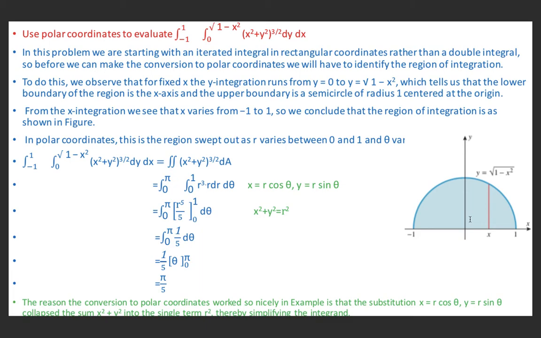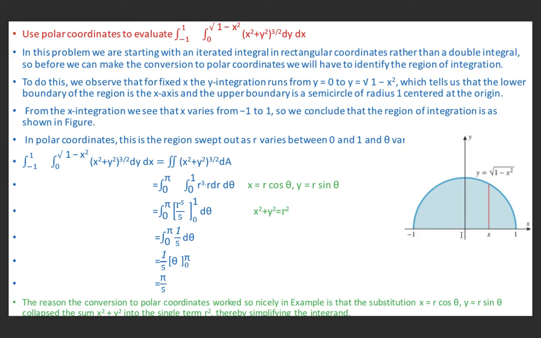Now we will determine polar limits. For the polar region, this is the region swept out as r varies from 0 to 1.